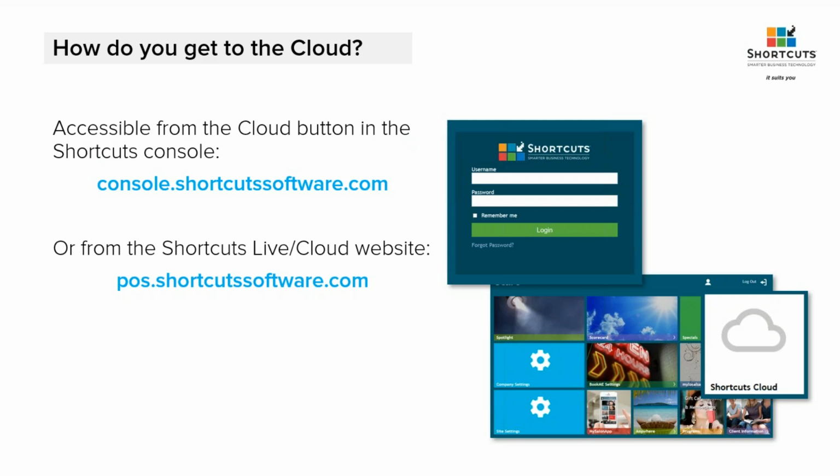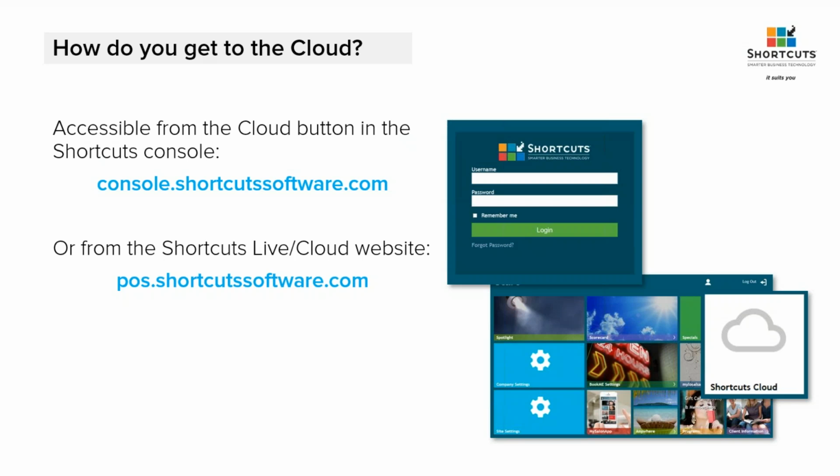So if you haven't already bookmarked it on your computer, you probably want to bookmark pos.shortcutsoftware.com, POS being short for point of sale. Your username and your password is exactly the same as what it would be if you were logging into the console. So again, it's your email and whatever password you're using.